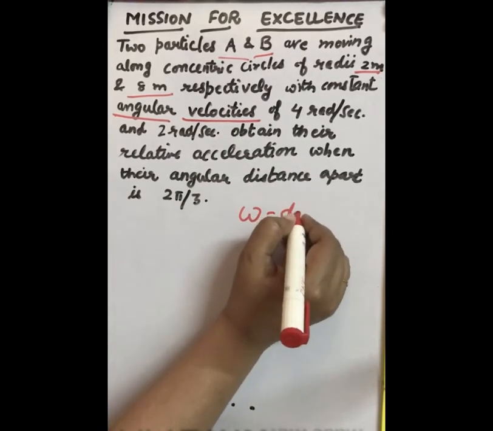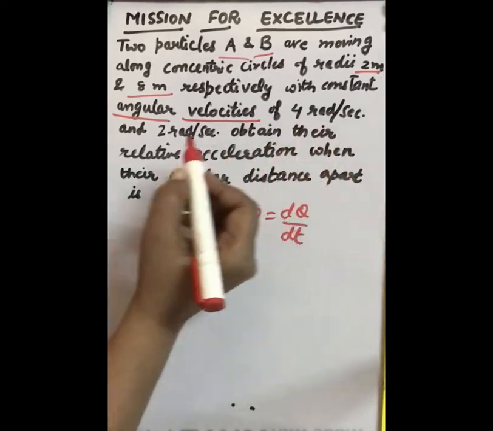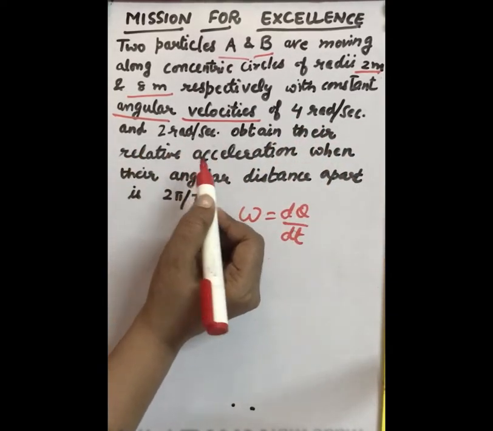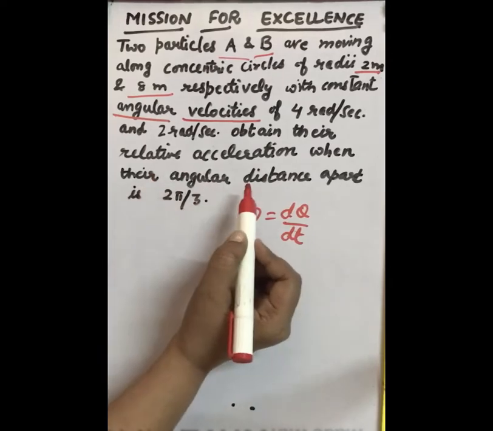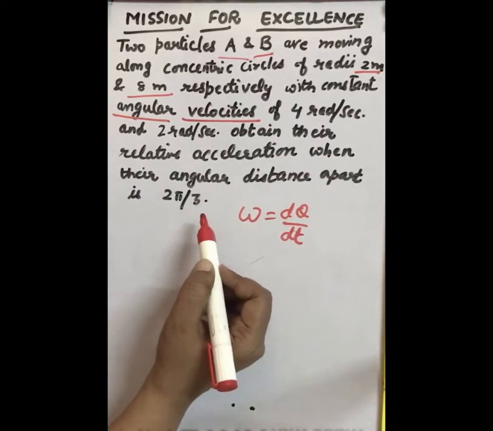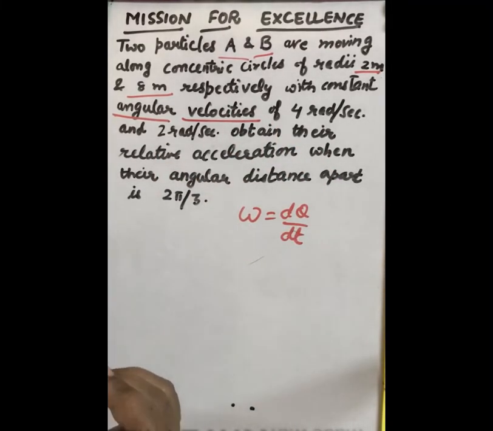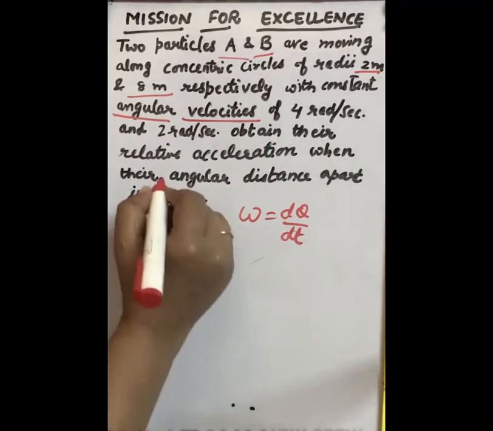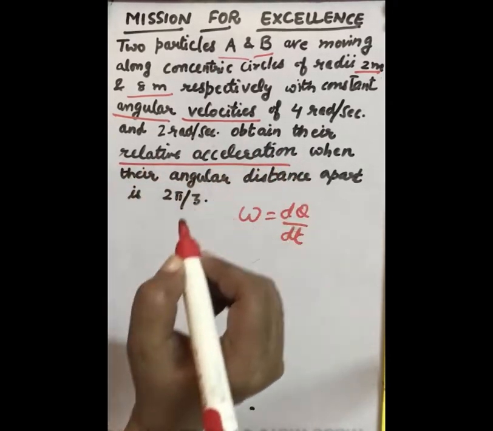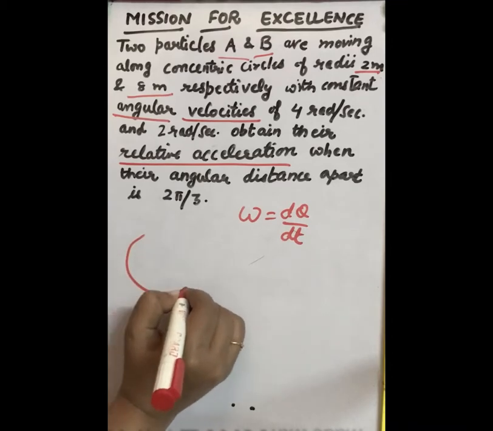So this is d theta by dt, which is constant, given as 4 radian per second and 2 radian per second. Obtain their relative acceleration when their angular distance apart is 2 pi by 3. It means when they are at an angle of 2 pi by 3, then we have to find out their relative acceleration. So let us first denote this problem by the diagram.